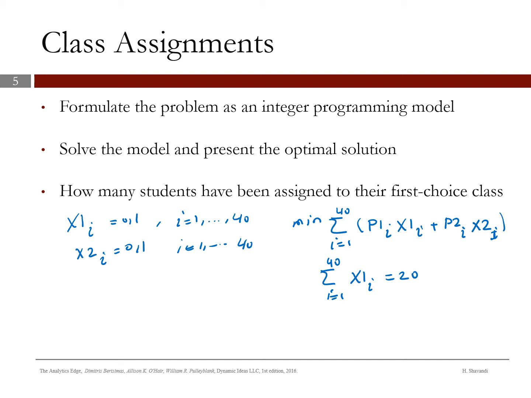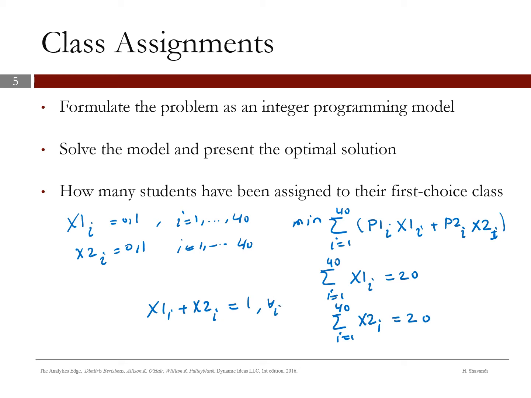And the same for the second class, so the sum over i to 40 of x2i should be exactly equal to 20. And since we want to assign each student to one class, x1i plus x2i should be equal to 1, and this goes for all i's.